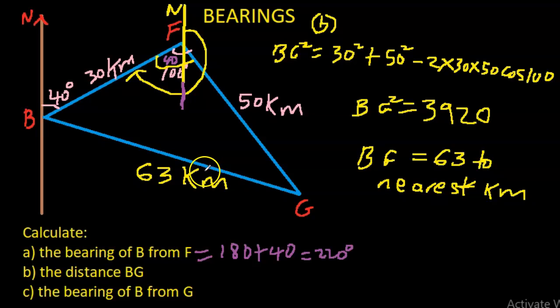Part C now, the bearing of B from G. Which angle are they asking for now? If we're coming from G, I need the north line at G there. So this is the angle we want, the bearing of B from G, from the north of G to the line going to B. You will notice that here to here is 180, a straight line angle.